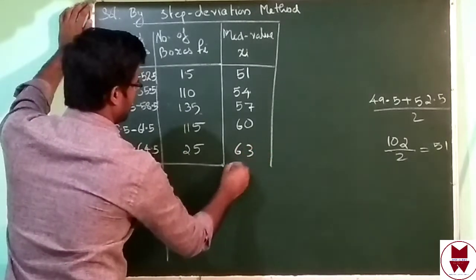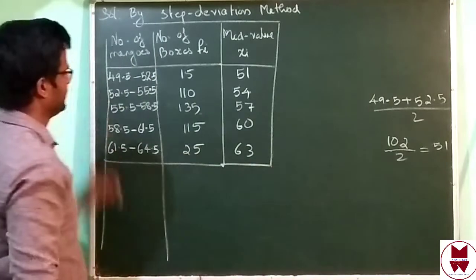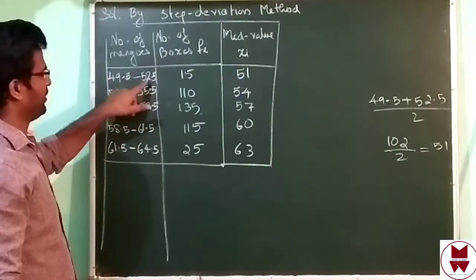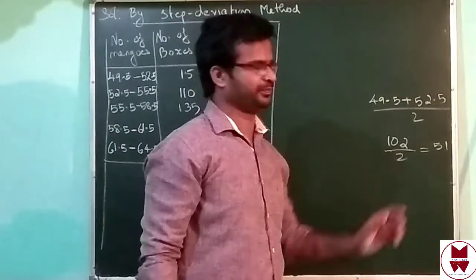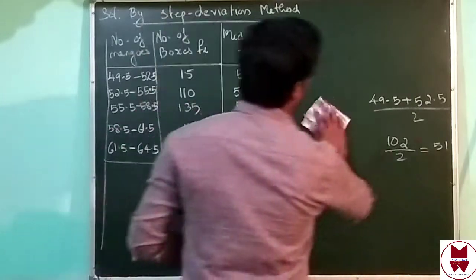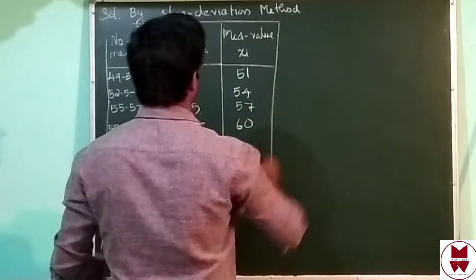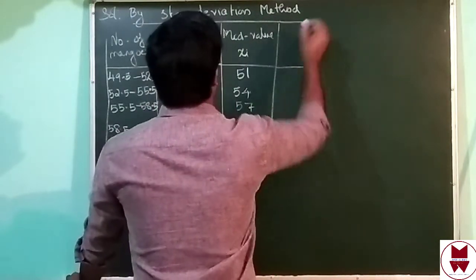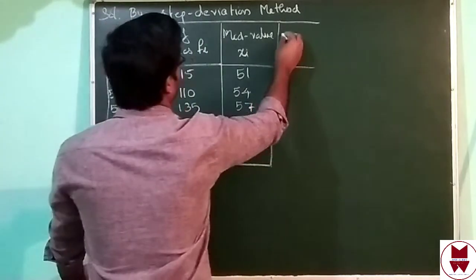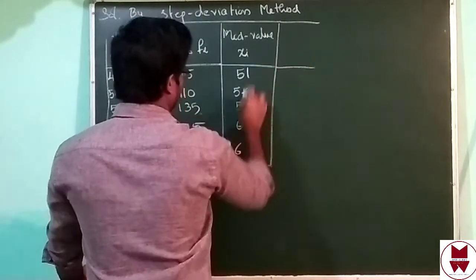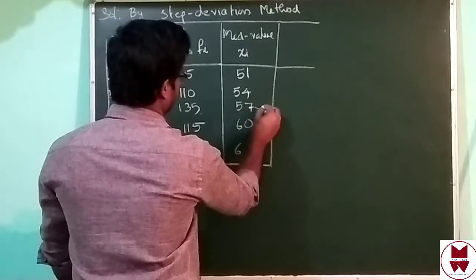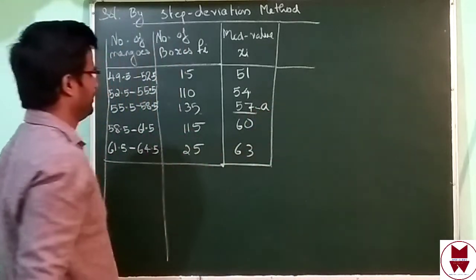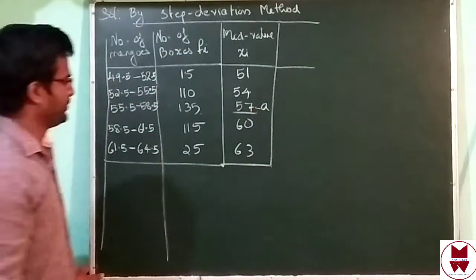You will get 63. Use the same method: just add the lower limit and upper limit and divide by 2. Then we can take any number as the assumed mean. I am going to take 57.